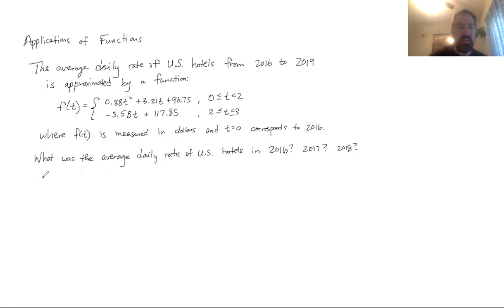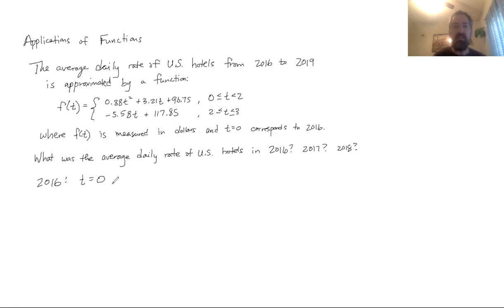Okay, so let's take a look at this. So in 2016, what is the average daily rate of US hotels? In other words, we're trying to find the value of that piecewise function that corresponds to the year 2016. And we've said that 2016 corresponds to t equals 0. And I may want to mention that we're using t as our domain, as our input, as opposed to x.